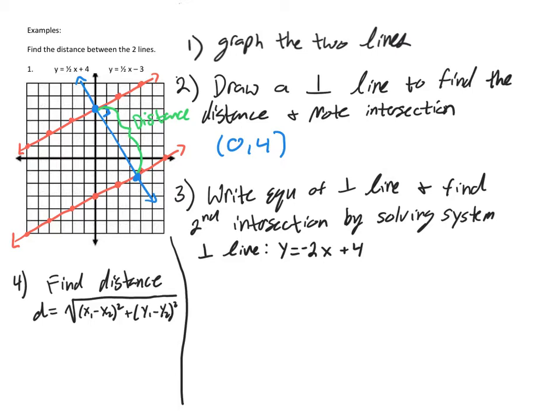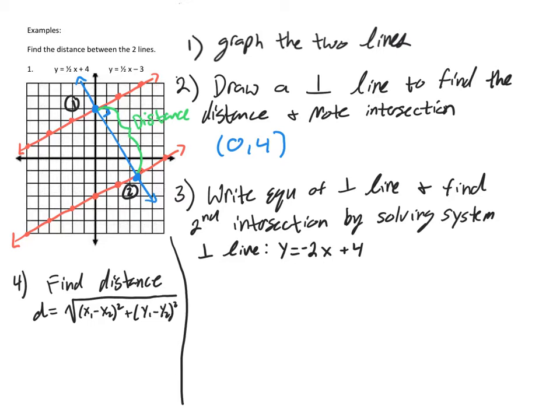Okay, now I want to solve for this second intersection. I have my first intersection up here. The easiest way to find an intersection of two lines is by solving a system of equations. When we have two linear equations, if we solve their system, then we're essentially solving for that intersection.